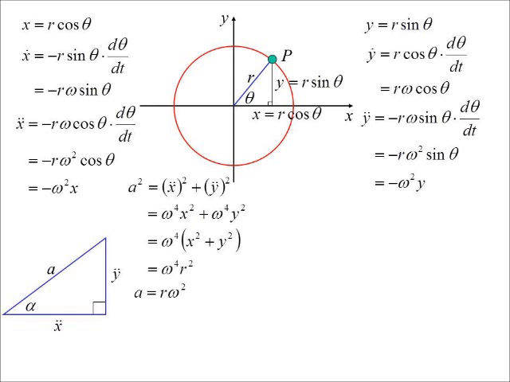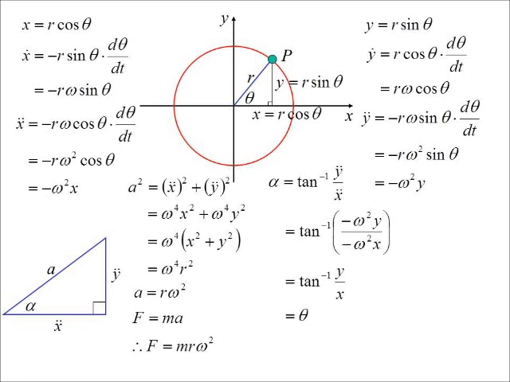Now, it also said to prove it was an inwards radial force. A force then is mass times that, so there's the m r omega squared. Well, how do I know it's going inwards towards the centre? Well, that angle would be the inverse tan of y double dot on x double dot.